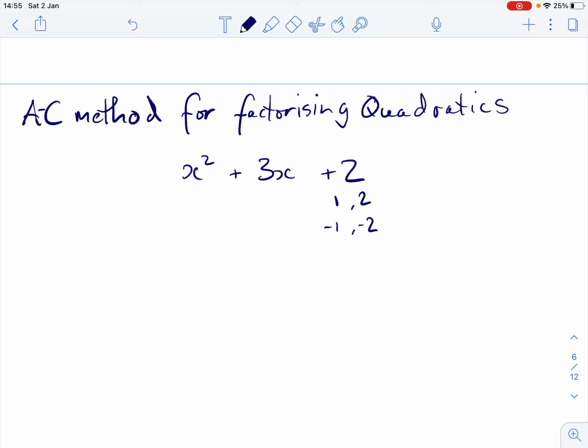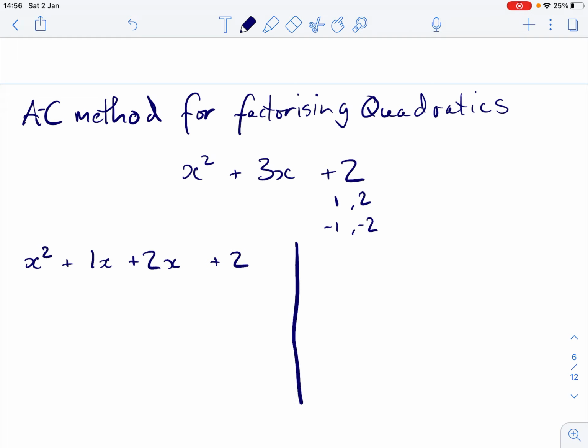Remember, two negatives could make a positive as well. However, the only two which will sum to the middle term are going to be plus 1 and plus 2. So I'm going to rewrite this x squared, but instead of 3x, I'm going to write it as 1x plus 2x plus 2.